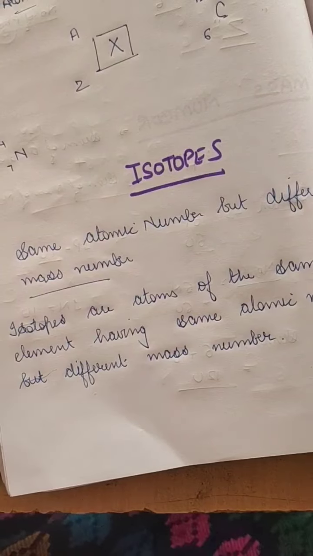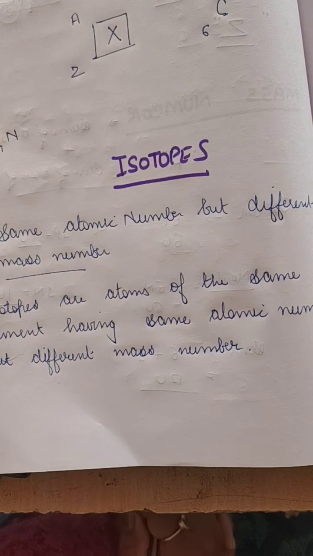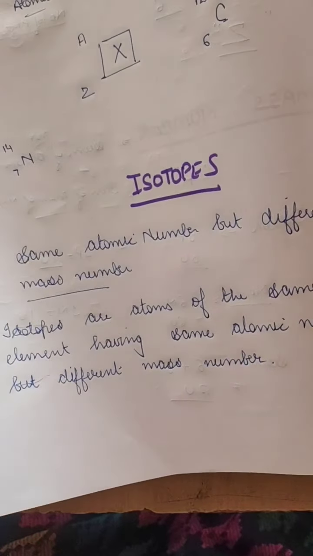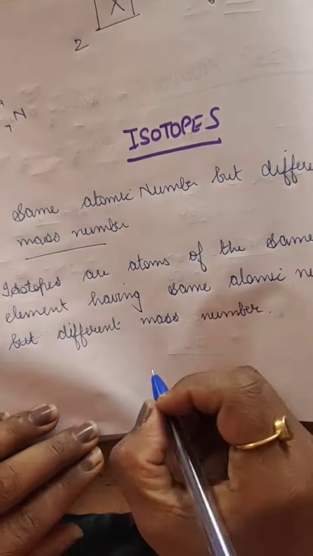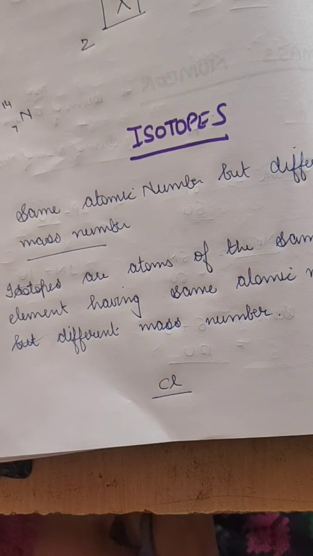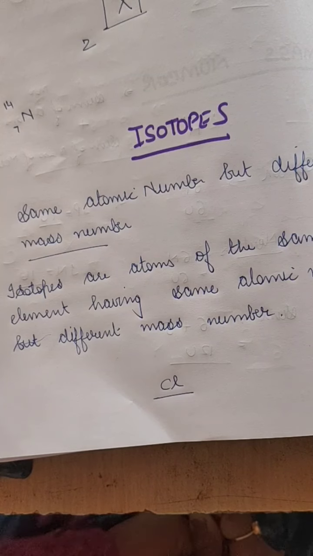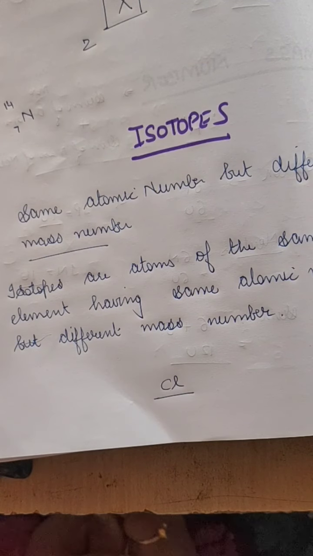If we take an element, like we are talking about the element chlorine, chlorine is an element, so the chlorine element will have different atoms. Like if we take a bar of pure iron, the iron element is made up of different iron atoms.